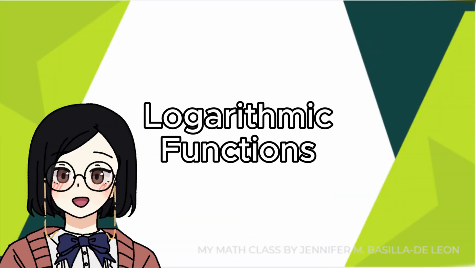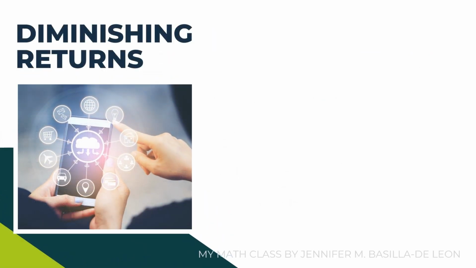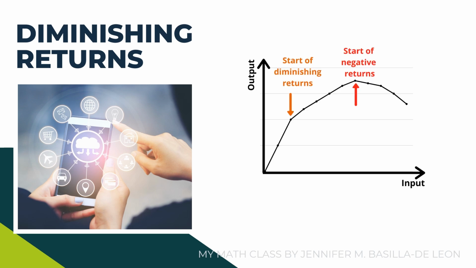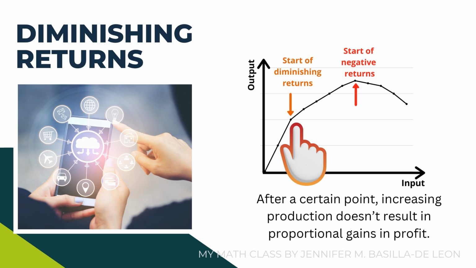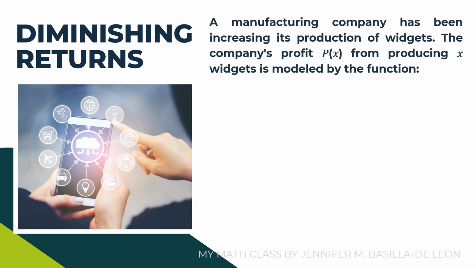Now let's look at logarithmic functions. In economics, logarithmic functions often model diminishing returns. What does this mean? It means that after a certain point, increasing production doesn't result in proportional gains in profit. For example, a manufacturing company has been increasing its production of widgets.